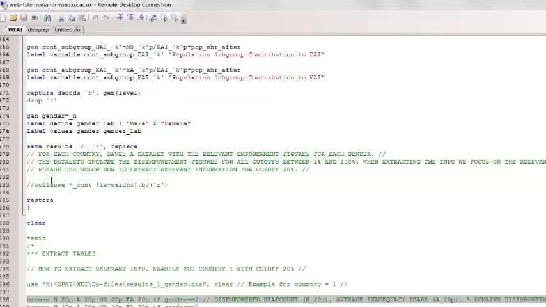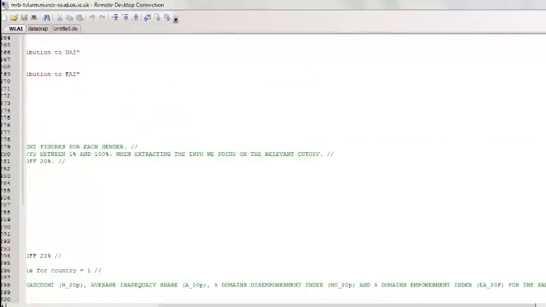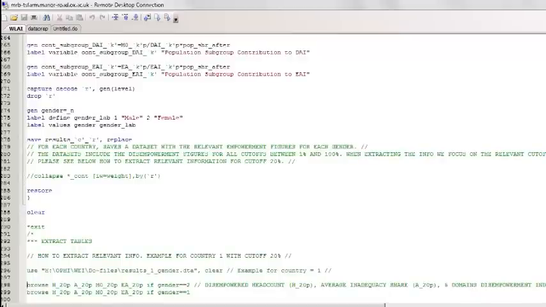This gives me the disempowerment head count for the cutoff 20, the average inadequacy share A20, the 5 domains disempowerment index, which here we call M020P, and finally the 5 domains empowerment index, which here is called EA20P, if gender is equal to 2, meaning women.